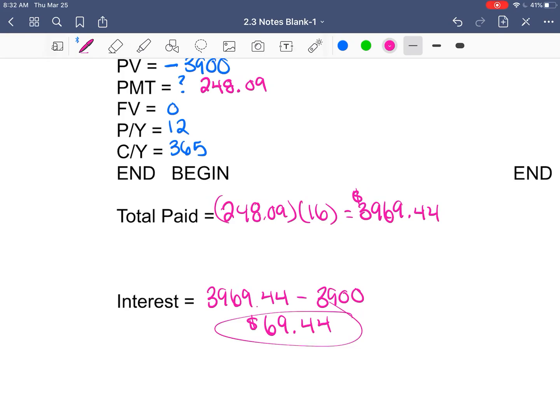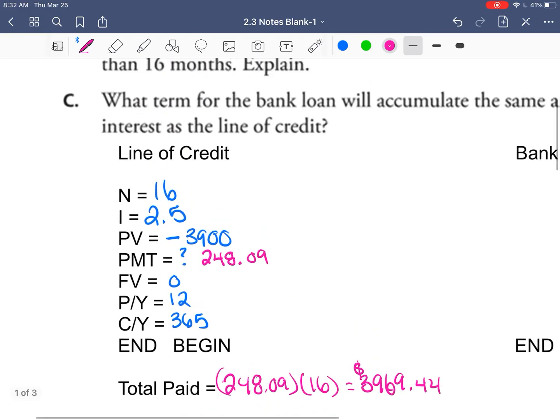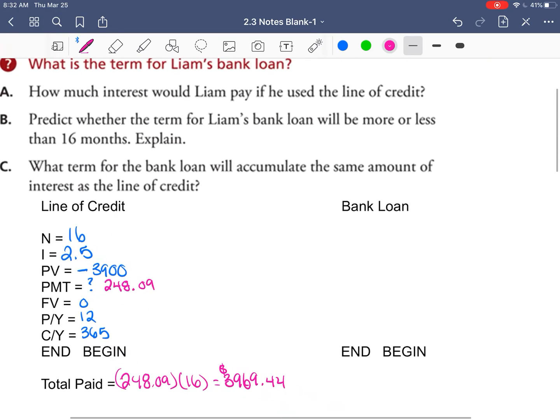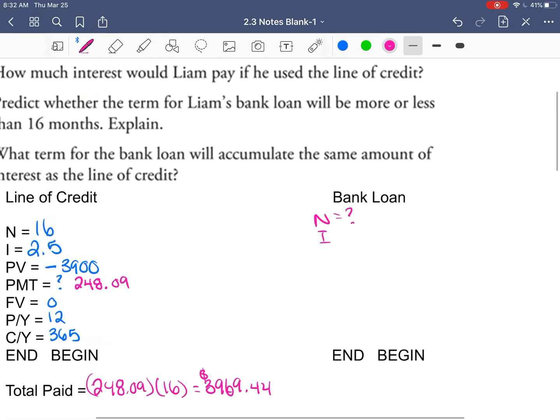We're not gonna do B, but we'll go on to C, which says what term for the bank loan will accumulate the same amount of interest as the line of credit. So N, we don't know what that is. Our interest rate for our bank was 4%. Presently, he has $3,900.